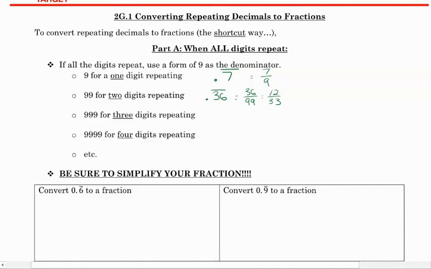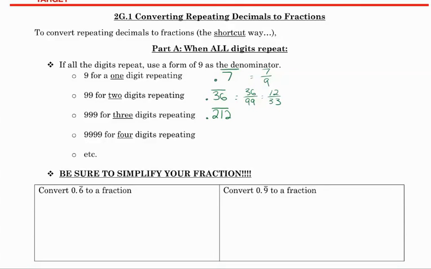If I had three digits repeating, so something like 222. Nope, that would be the same as one digit repeating. So let's be a little more creative than that. 212. So 0.212, 212, 212, 212.